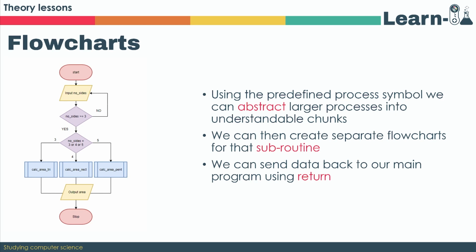Okay. If they've inputted 3, we'd go to the predefined function called calc area of a tri. If they've got 4, calc area rect, and if they've got 5, calc area pent. Okay, for a pentagon.